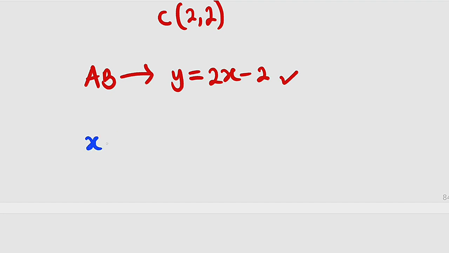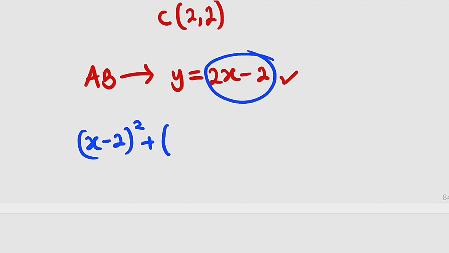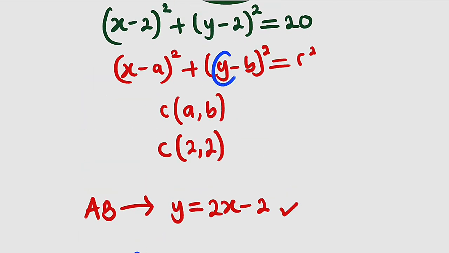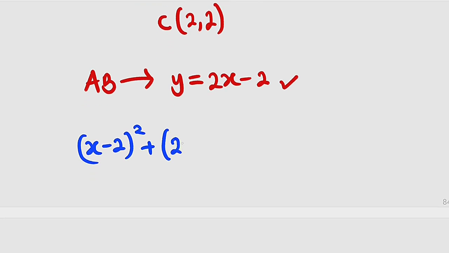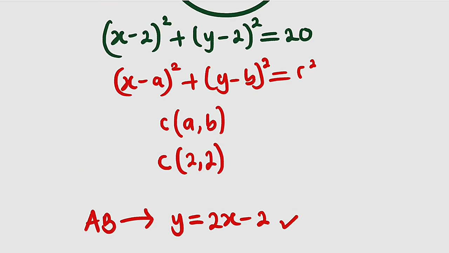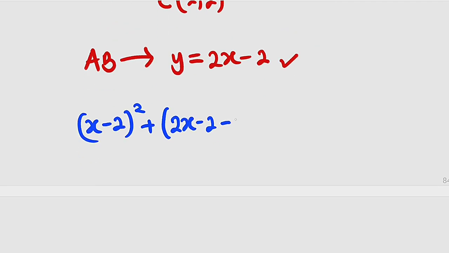So the equation is (x minus 2) whole squared plus y, which is now equal to this. Instead of this y, we are going to substitute 2x minus 2. So we have 2x minus 2 right here. But remember that we have another minus 2, so we are going to subtract 2 here, whole squared.